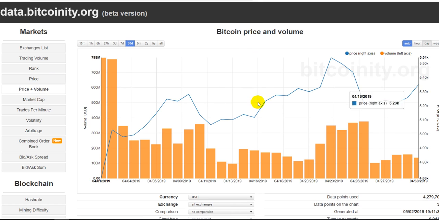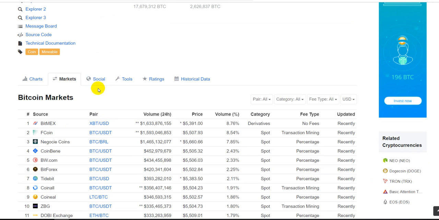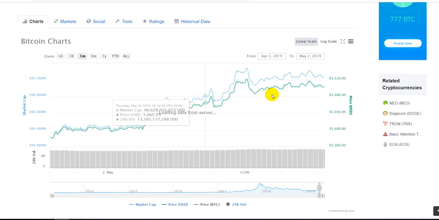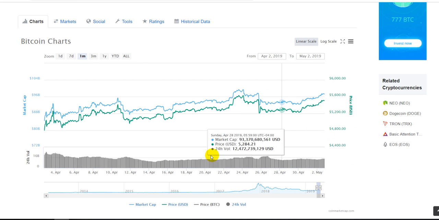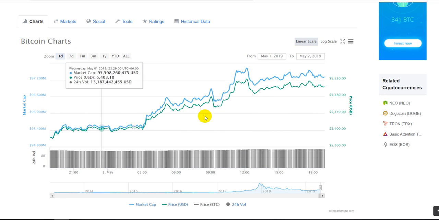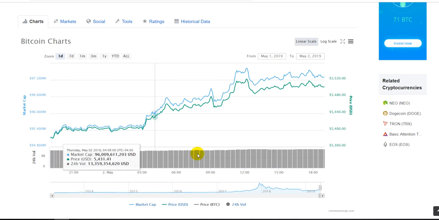Also here the price and the volume, you don't have a picture like this on CoinMarketCap. When you click on Bitcoin price and volume, the thing being shown, let's say 1 month, which we had on the other page, is really hard to see, and it's even worse when we go to the 1 day page. On the 1 day, the volume is basically saying nothing.